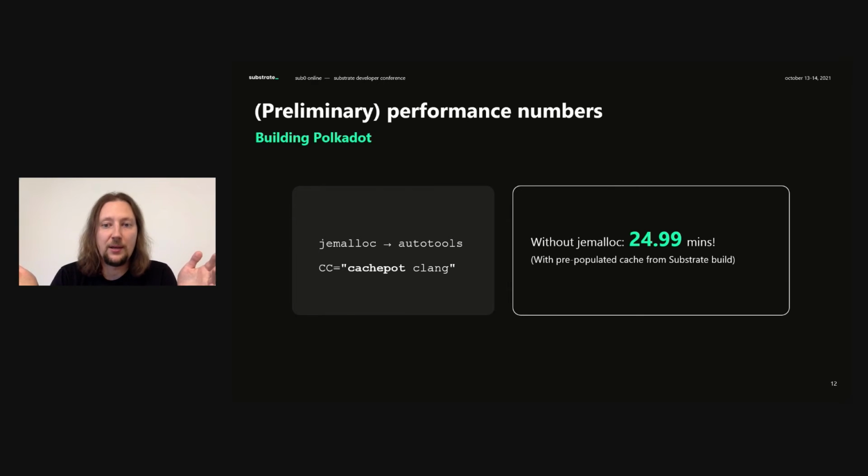And most importantly, the cache with a proper build of Cachepot and the proper deployment of Cachepot would not only be shared between different projects and between different nodes in your build pipeline, but at the same time, you can use the same compilation farm to empower your developers.